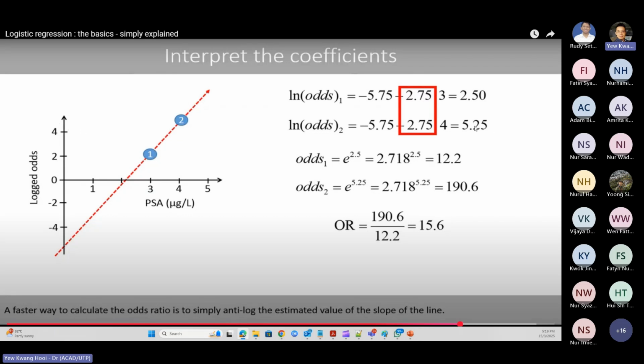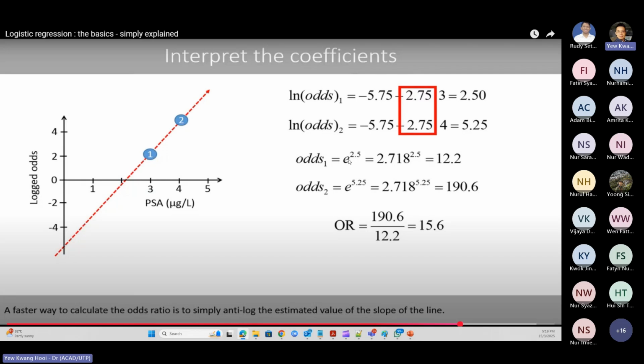Okay. Now, once we get this 2.5, 5.25, so what? Log odds is actually not very meaningful, but it's useful because it is a linear line, which is very convenient for calculation. So what? The opposite of log odds is natural log e raised to the power of the value of the log odds.